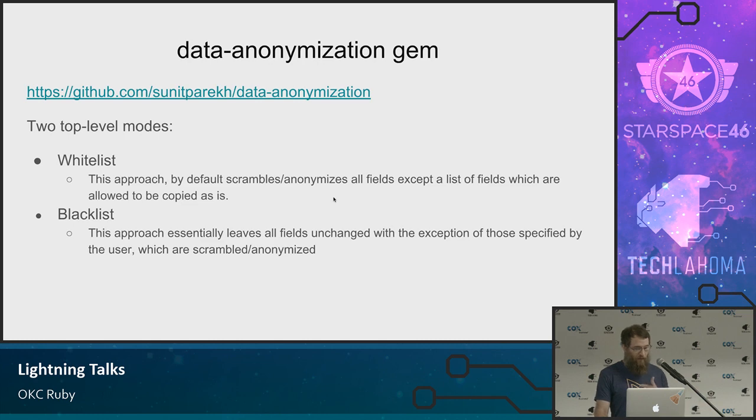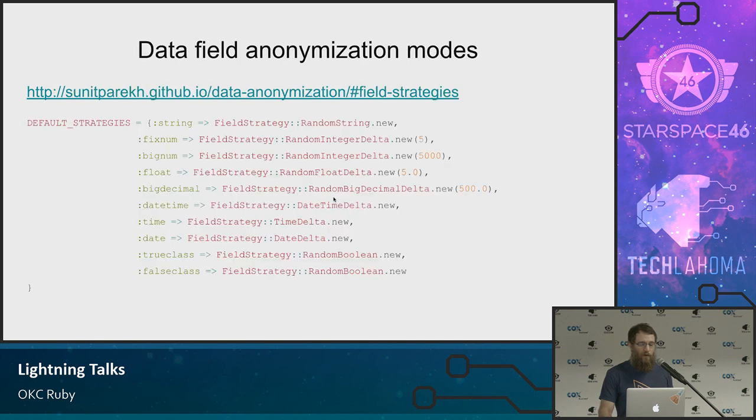So everything will be anonymized except for the fields you explicitly mark. Blacklist is just the opposite, so it leaves everything alone except for the fields that you explicitly mark to anonymize. This gem works with most relational databases, and I think there's only a plugin for Mongo. There might be other plugins for document databases, but that's the only one I noticed.